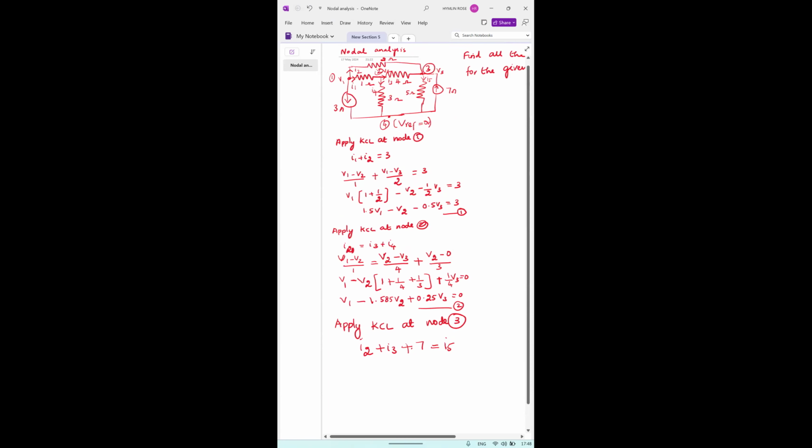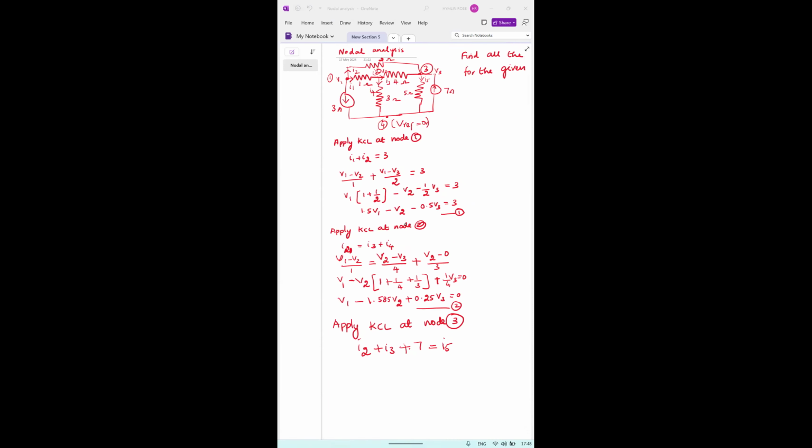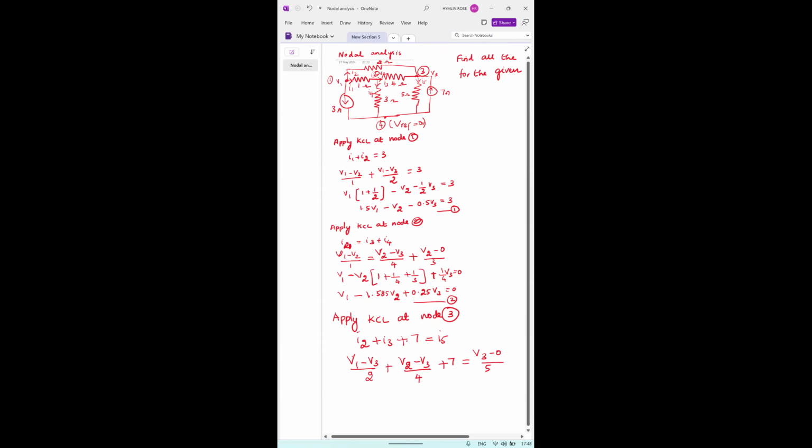So what is I2? I2 is nothing but (V1 minus V3) divided by 2. And what is I3? (V2 minus V3) by 4, plus 7, equals I5, which is (V3 minus 0) divided by 5.